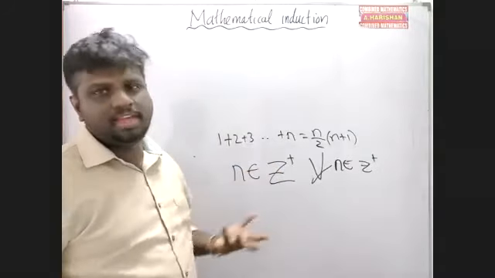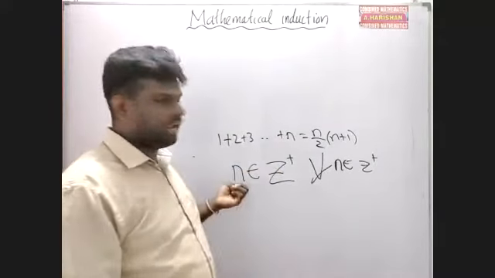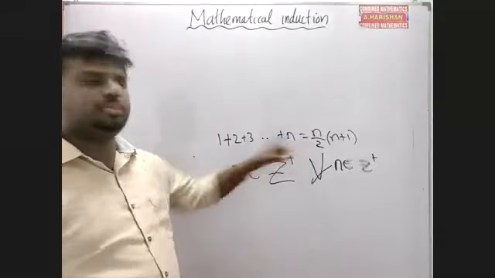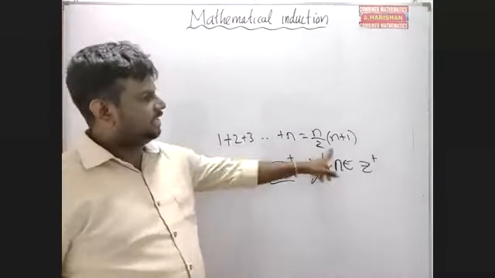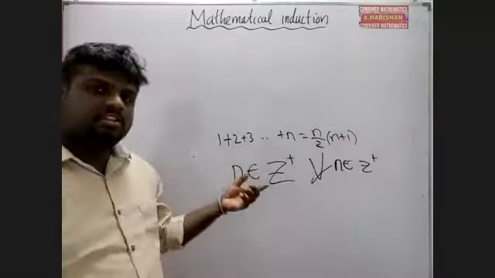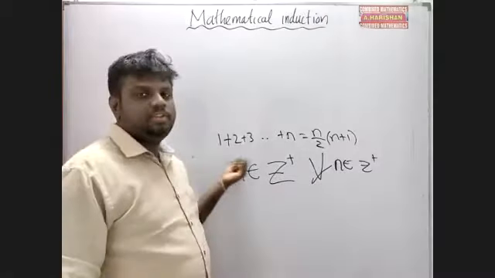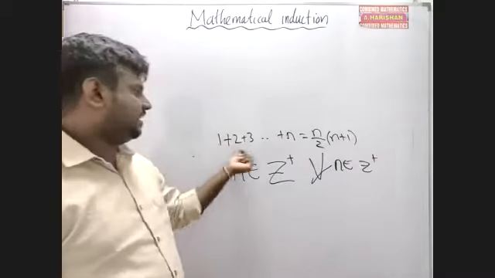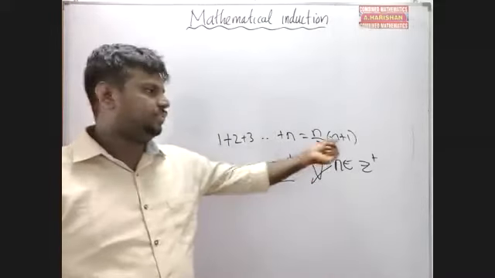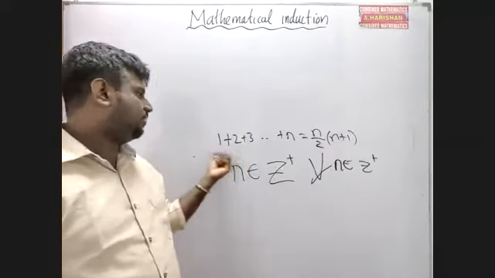If you don't have mathematical induction, you have to put the values and check. Put n equals 1, you will find it. If you put n equals 2, you get 1 plus 2, so 3. If you put n equals 3, 1 plus 2 plus 3.